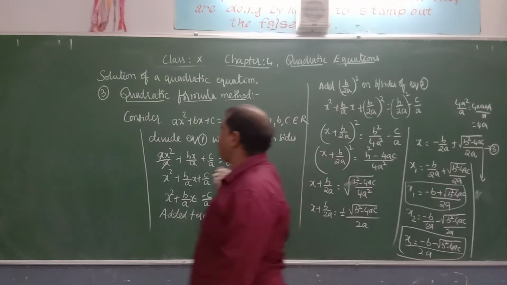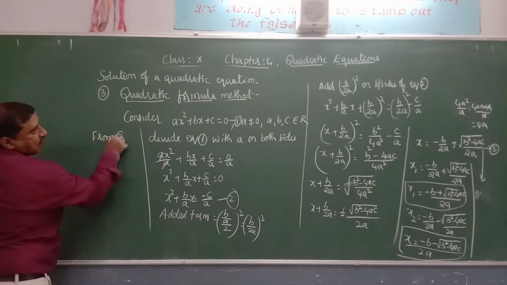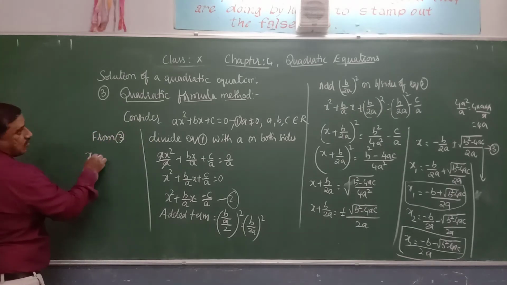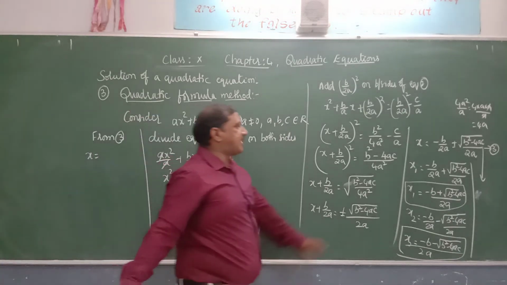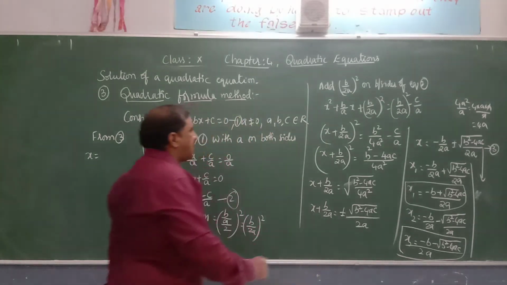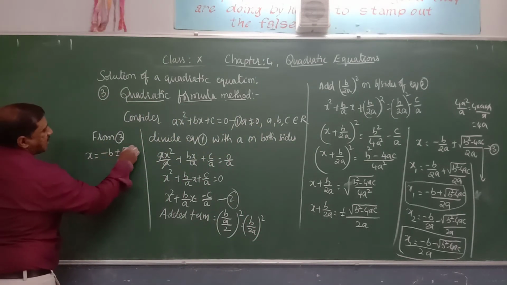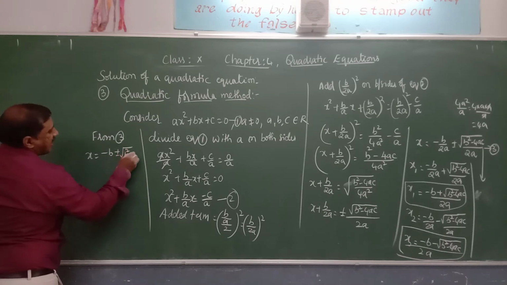From 3, x is equal to, here the denominators are the same, 2a, from both the fractions. So take the common denominator. Therefore, you get x is equal to minus b plus or minus square root of b square minus 4ac divided by 2a. We will write this for common.